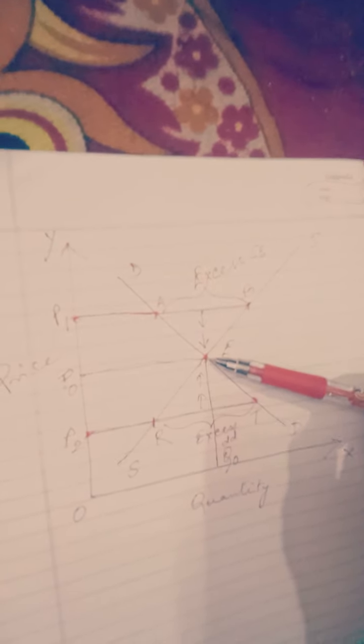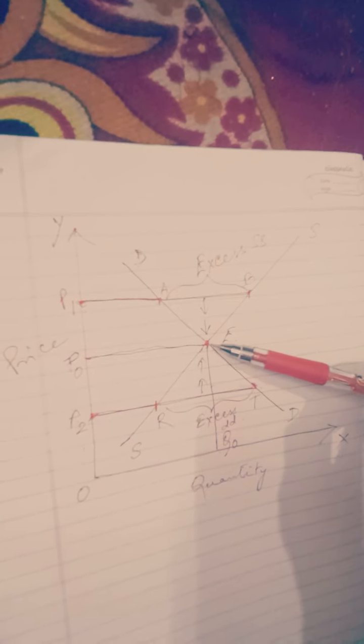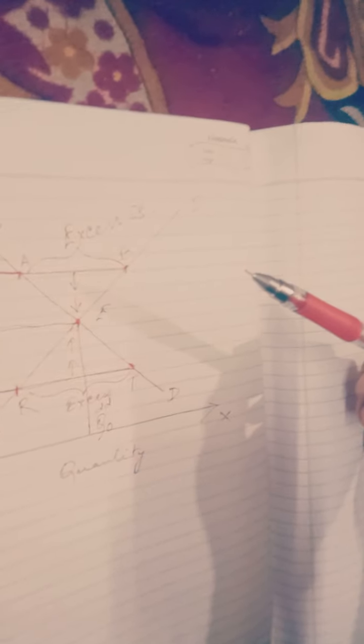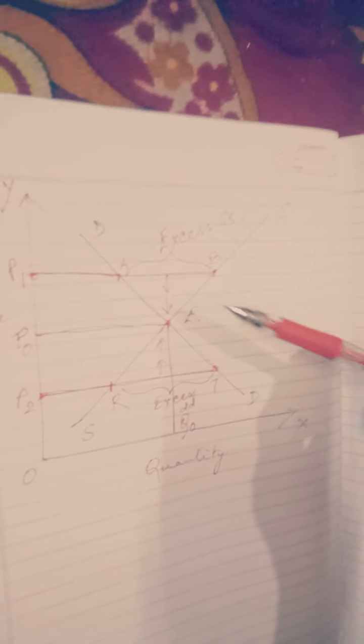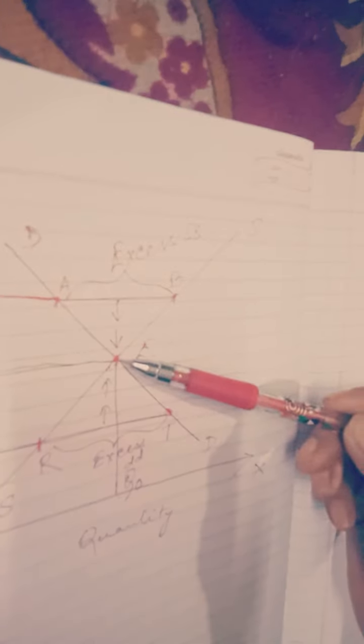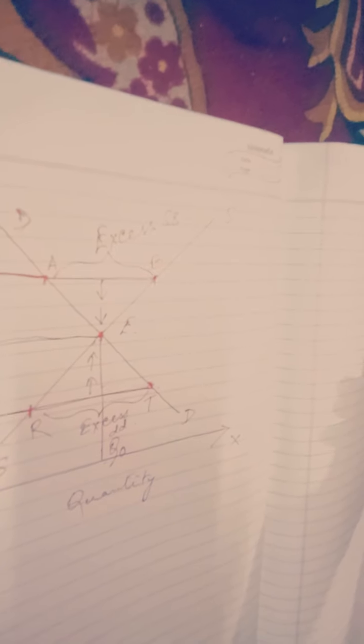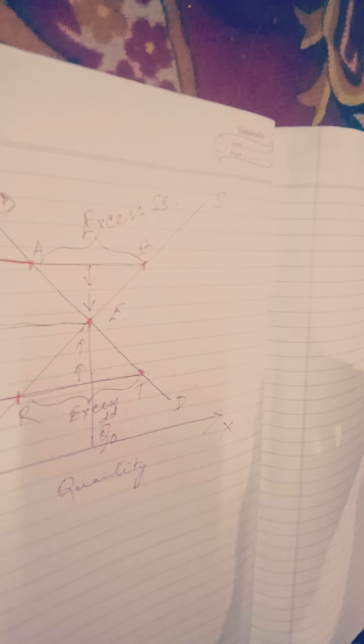This is the point E. I've marked it E, at which the two curves are cutting each other, intersecting each other. Now, when two curves cut each other in a graph, they are equal. So here, the two curves are cutting each other at the point E. Then that is the equilibrium point at which demand is equal to supply.